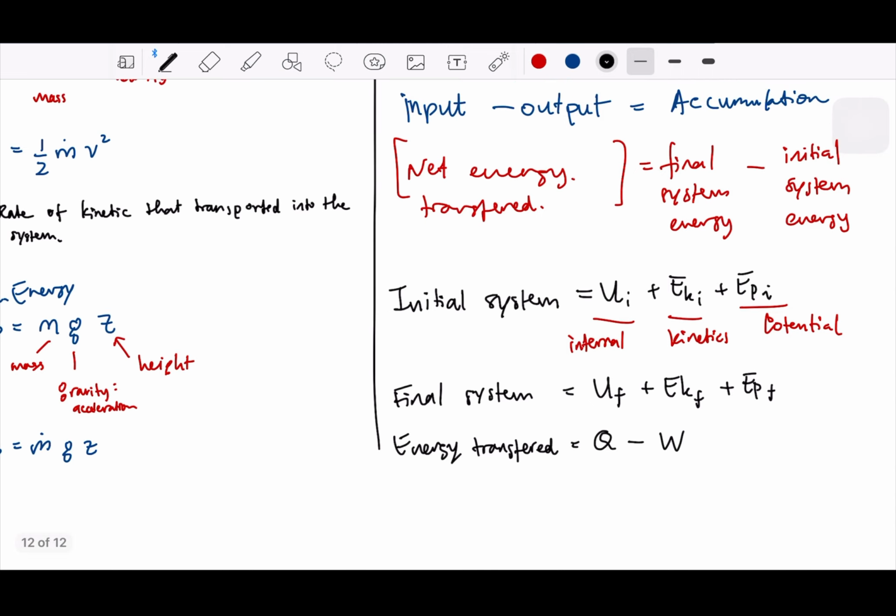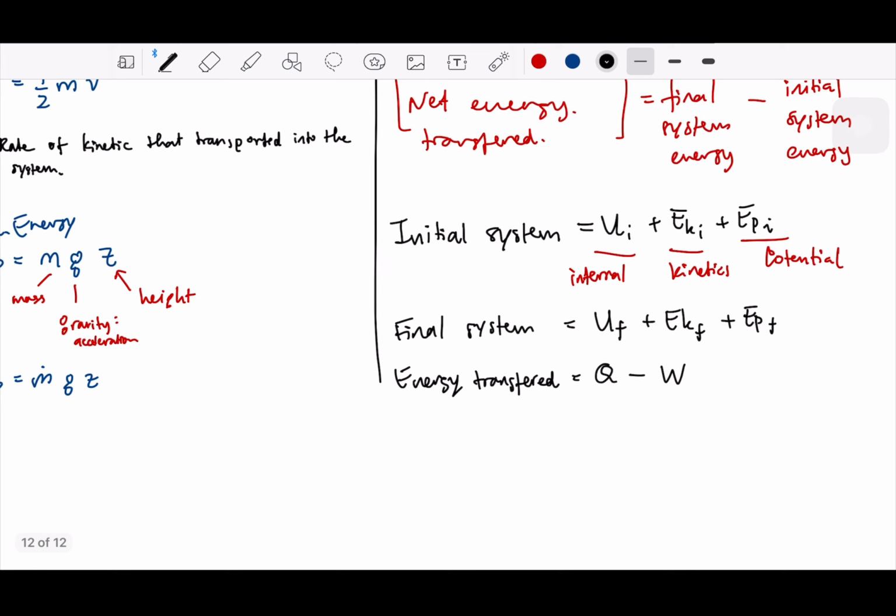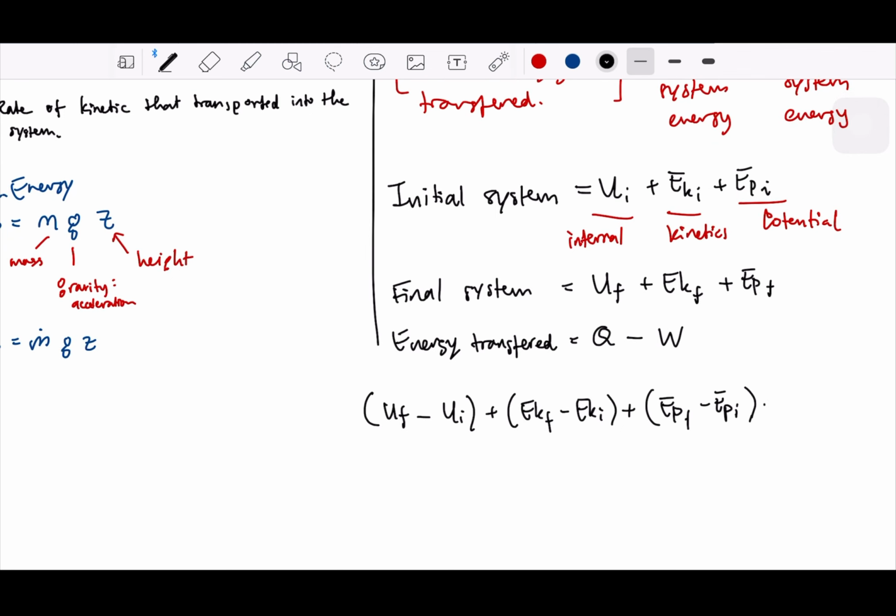Now, if we look at all the equations, final and initial, and we subtract each of them, then we will have, okay.